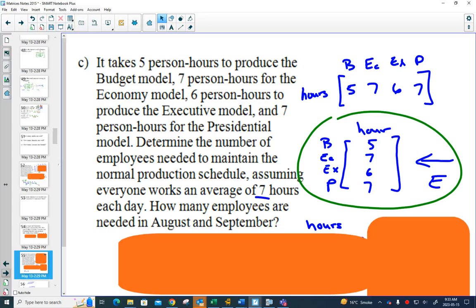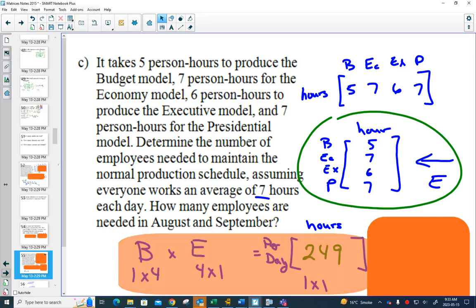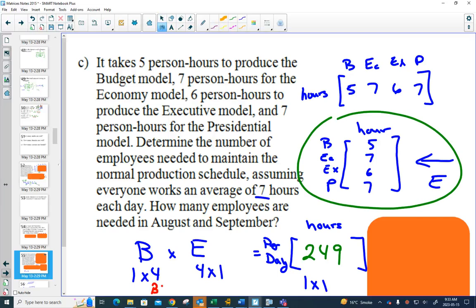I have to think, what do I want to multiply this by? I'm going to want to multiply this by B. And in B, my beep was right here. So I need to make my new matrix the 4 by 1, so my beep matches up.